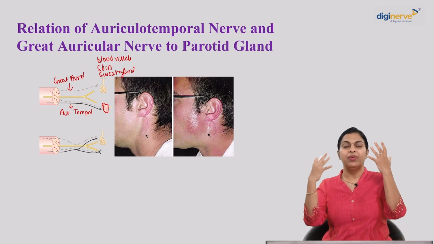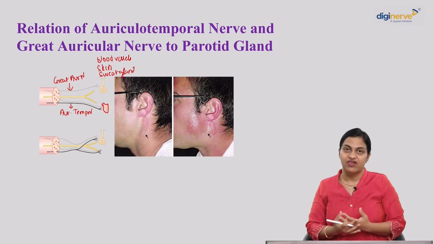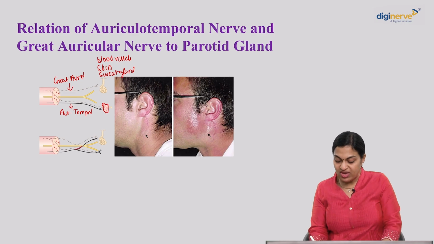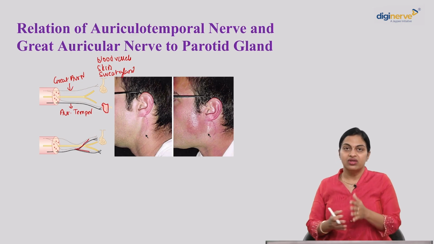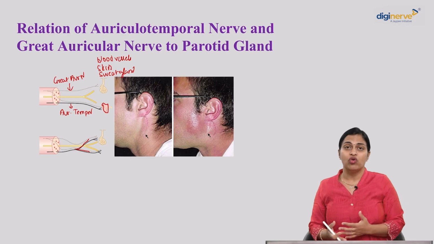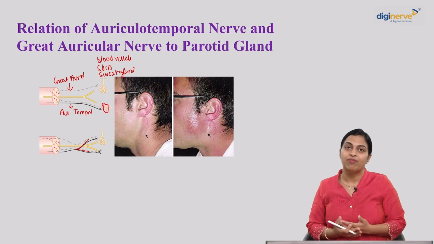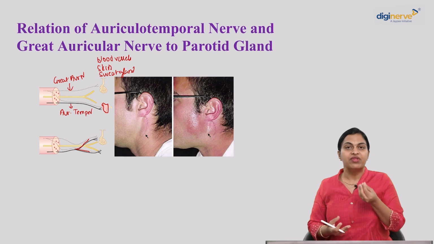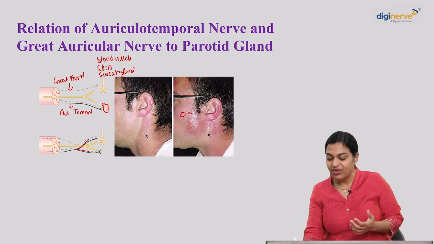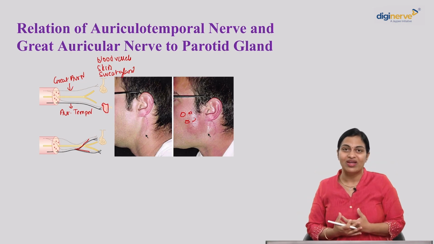Any penetrating trauma to the face involving the parotid gland and its nerve supply, during the regeneration healing phase, you can see that the secretomotor fibers are misdirected. They go and join the sensory fibers supplying the skin over the parotid gland. So whenever you eat, there is salivation. Along with the salivation, the sweat glands and the blood vessels are also stimulated.